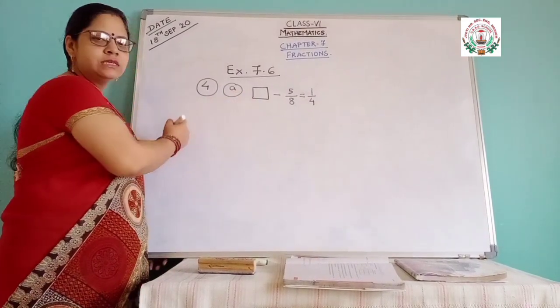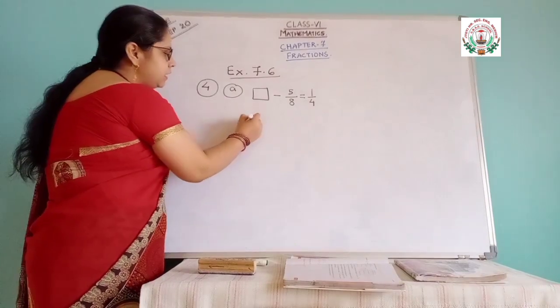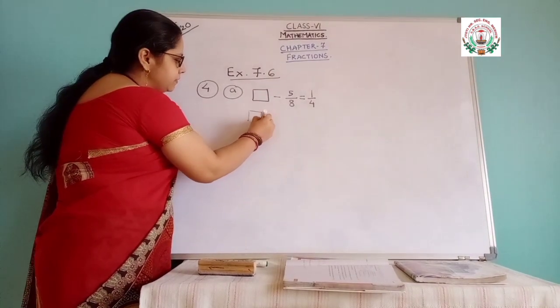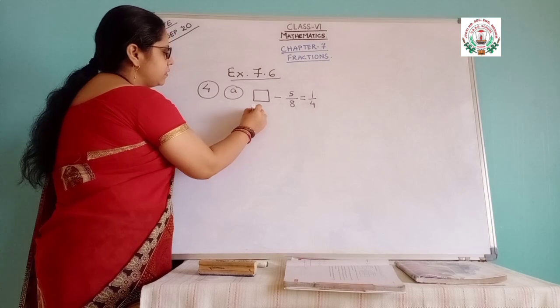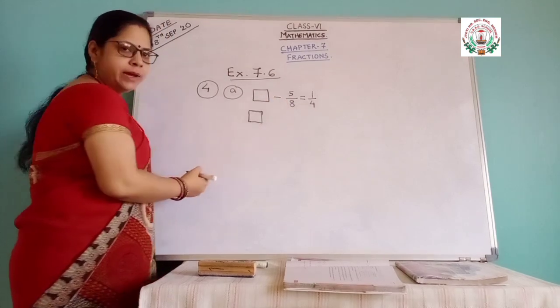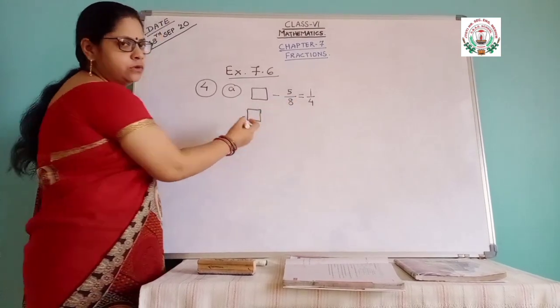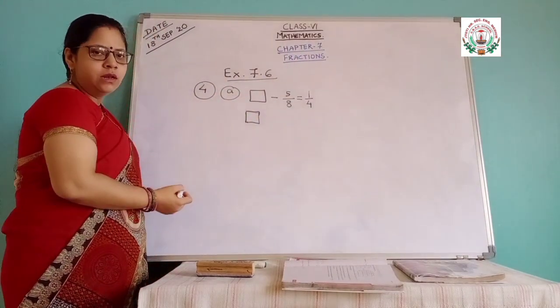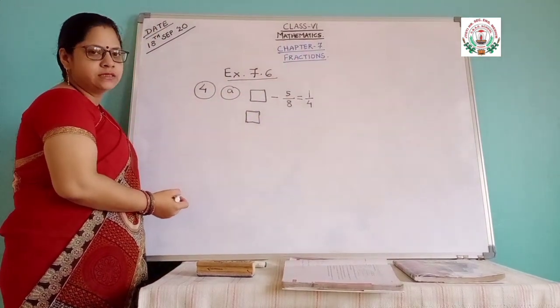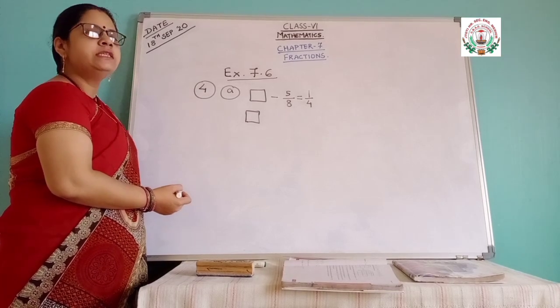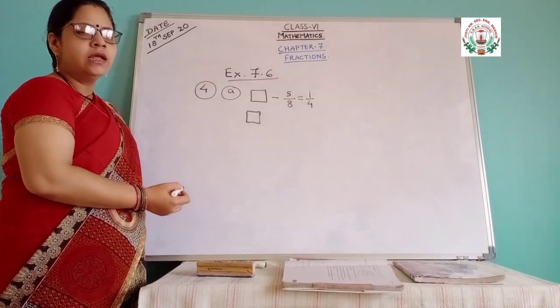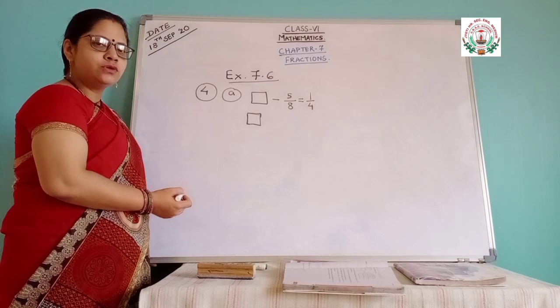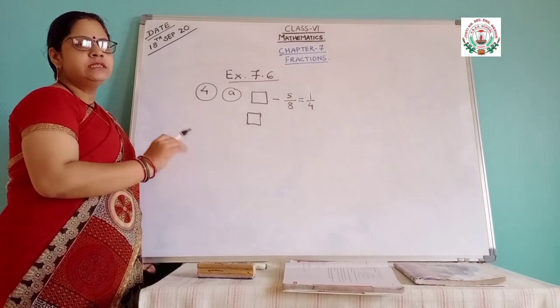Here, the box that is given, that box only you will keep at one side, and this is minus 5 by 8 and here is equal to. This minus 5 by 8, when you take it to the other side of the equal sign, will change to a plus sign. Means a negative sign will change to a positive sign and a positive sign will change to a negative sign, just the opposite.